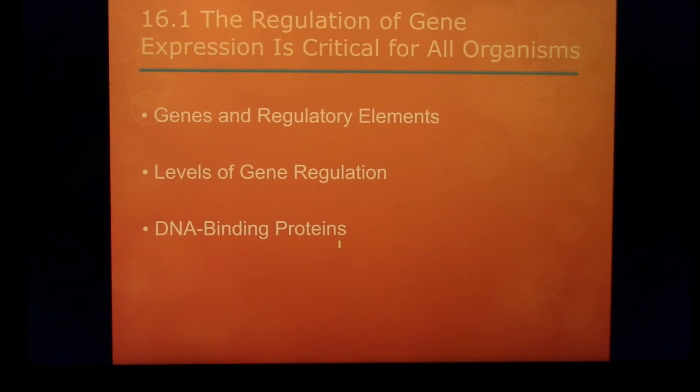We've already been talking about some DNA binding proteins with our transcription unit. Those included things like the TATA binding protein, it bound to DNA, and sigma factor, it also bound to DNA. So you have had an introduction into proteins that bind to DNA.